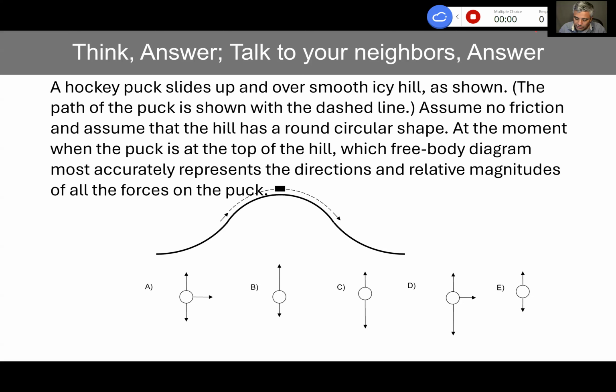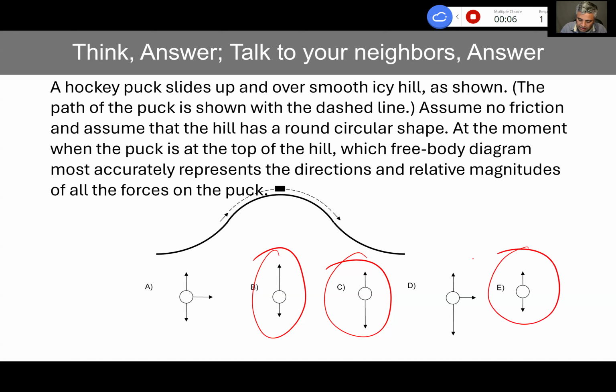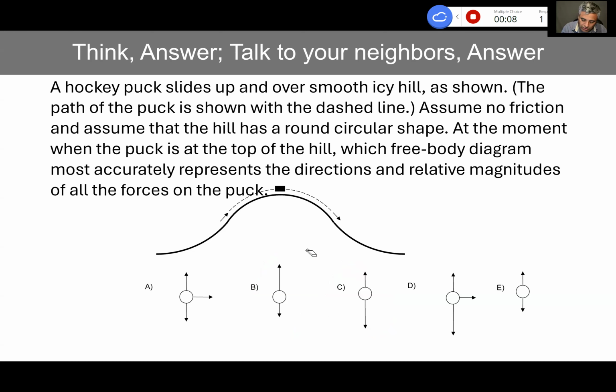In this case, you may notice there are only two forces in B, C, and E, but the length of the arrows are different. So keep that in mind as well. They are not the same, they are different, meaning one force is larger than the other or equal.